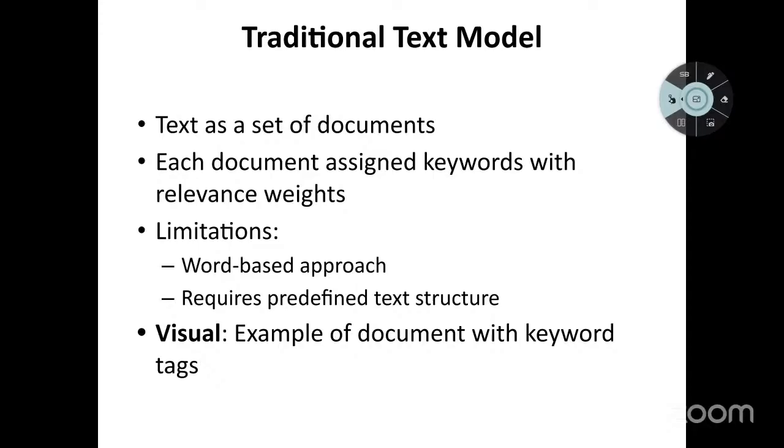Right. So in traditional text models, what is happening is that text has a set of documents, whatever we have seen in our embedded files. Each document is assigned keywords with relevance. So each word, whatever words you get in all the documents you are writing, and then indexing how many times it appears in each and every document, right?